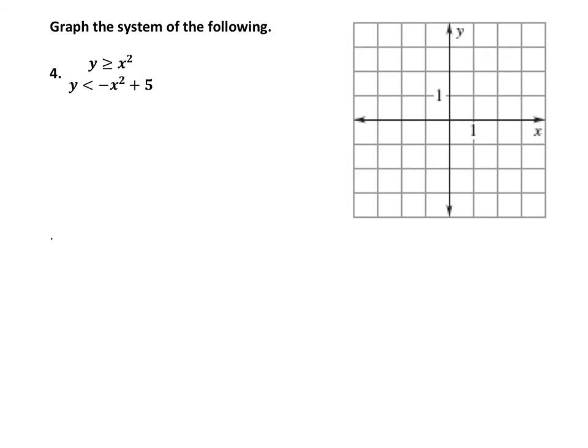Okay, now it says graph the system. So we need to think about graphing y equals x squared and y equals negative x squared plus 5. Well, the vertex for the first one is 0, 0, because x equals 0 is the x coordinate, so plug it in, and we get 0, 0.